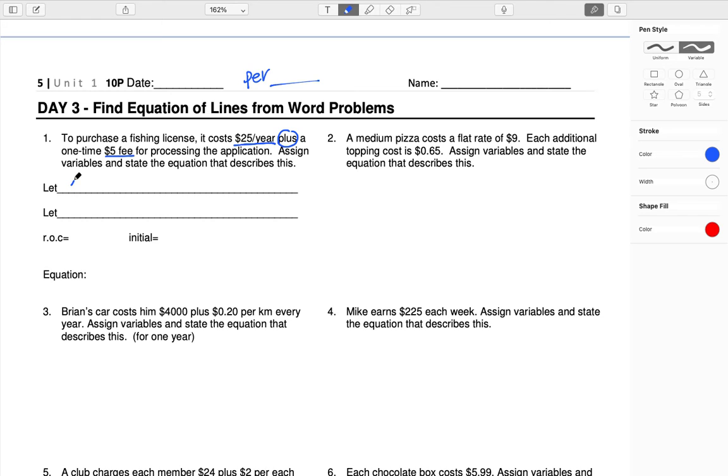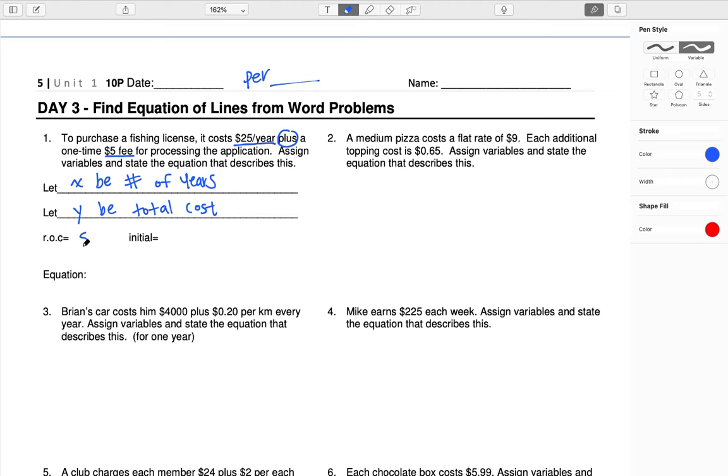So we could say let X be the number of years and let Y be the total cost, since it involves a unit of cost and we need to figure out how much it is. ROC means rate of change, the rate that changes every time a variable changes.